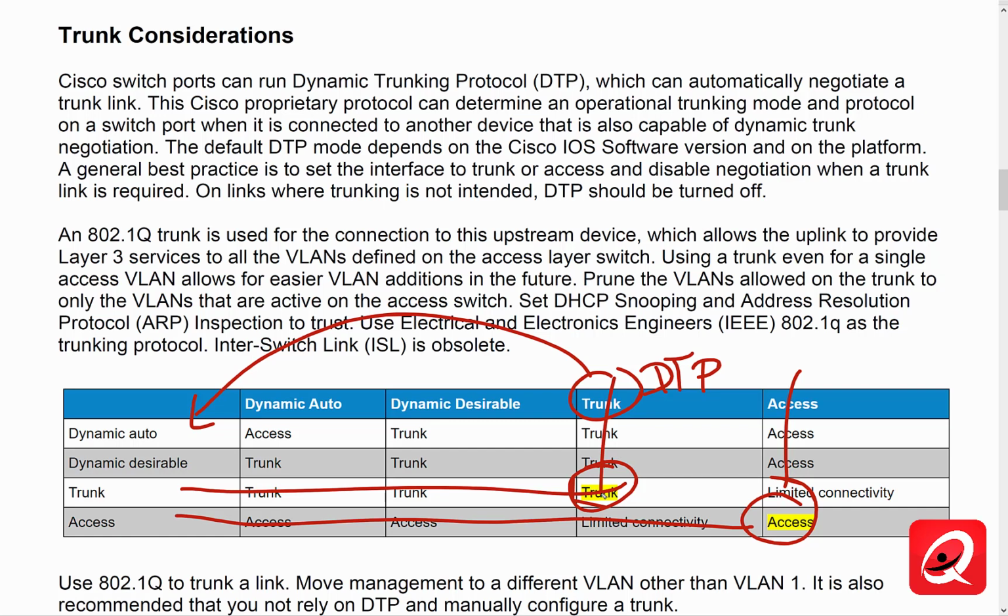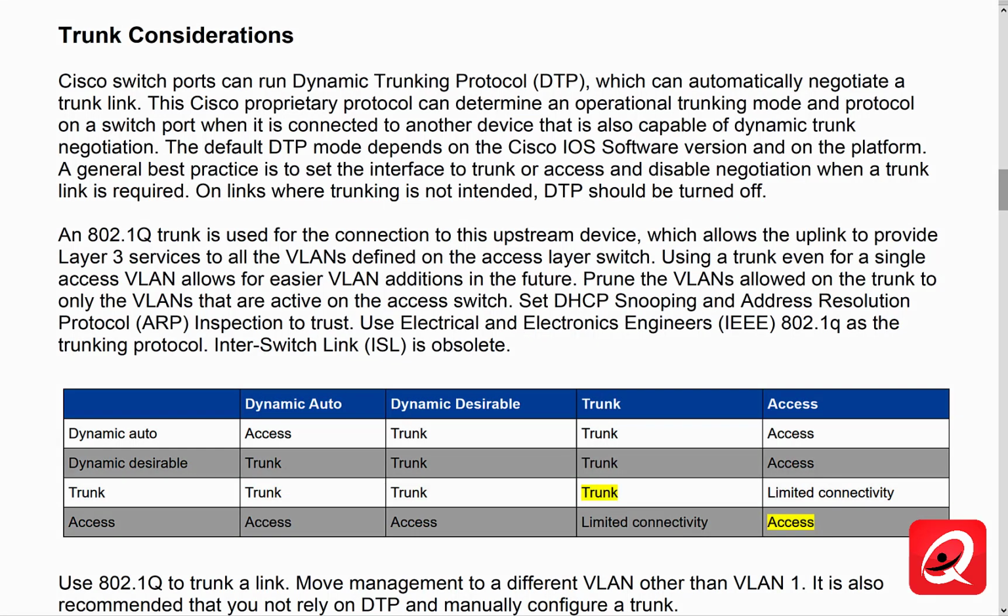And if I go into my interface and I say switchport mode access, switchport mode access hard sets the port to an access port. You've probably seen that command in your various dealings with Cisco configurations. Some people perhaps think that the switchport mode access command is required to configure a host port, and it's actually not required.